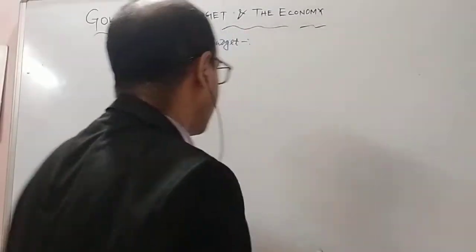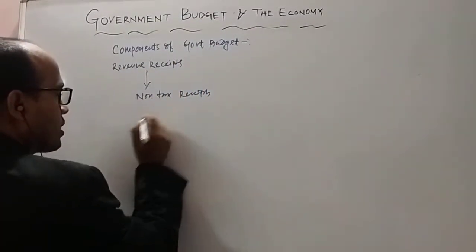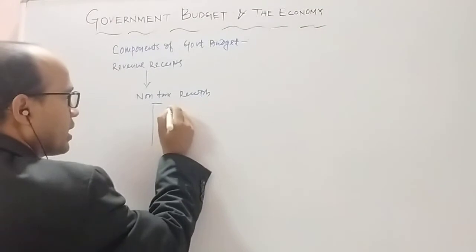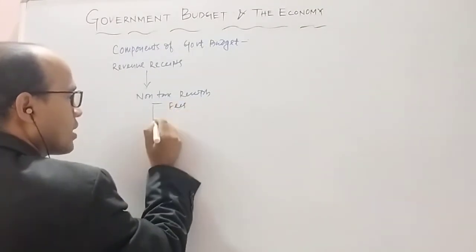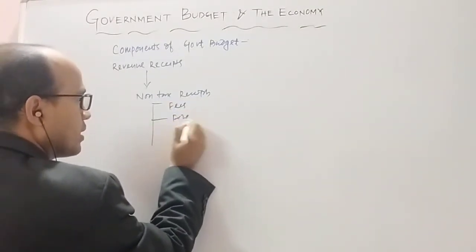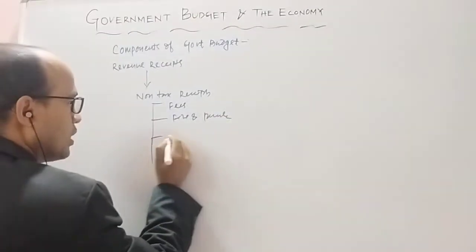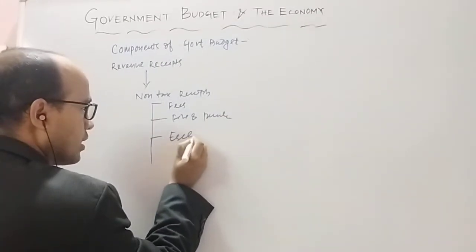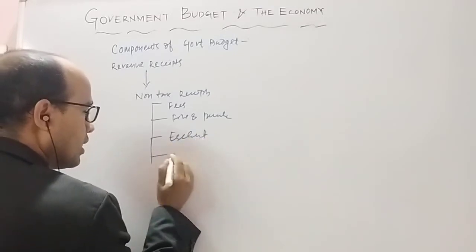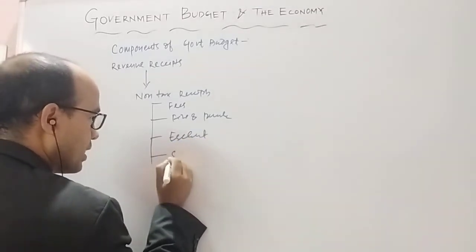So what are these? Number of examples are there. One is called fees, and fine, and penalty, and escheat, and special assessment.